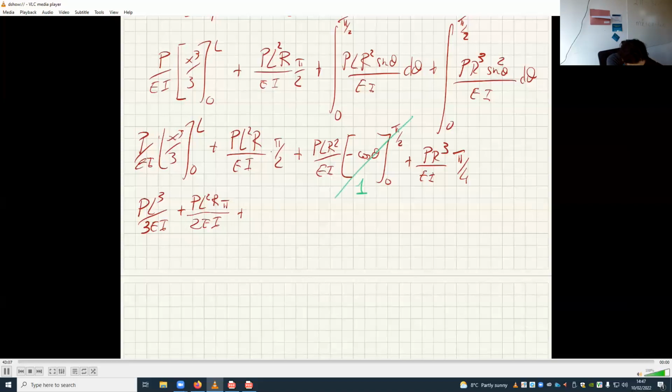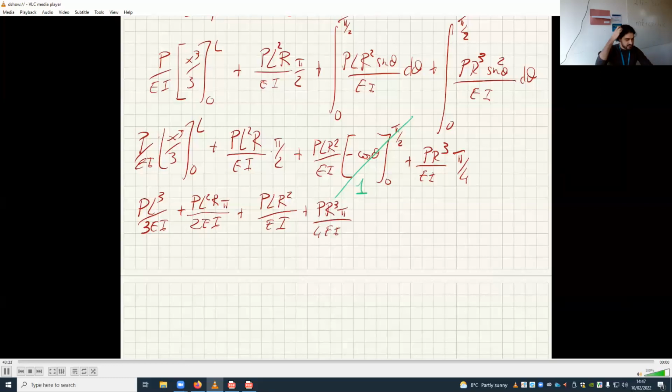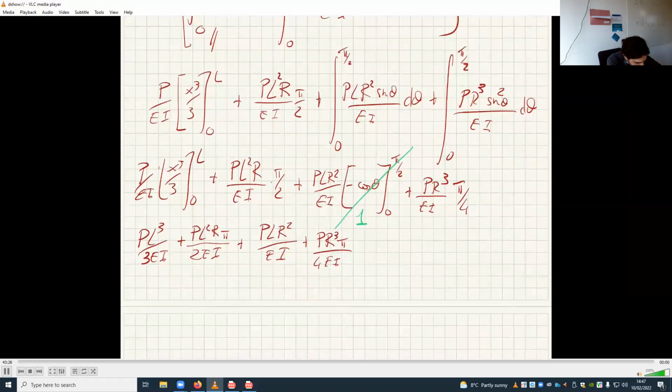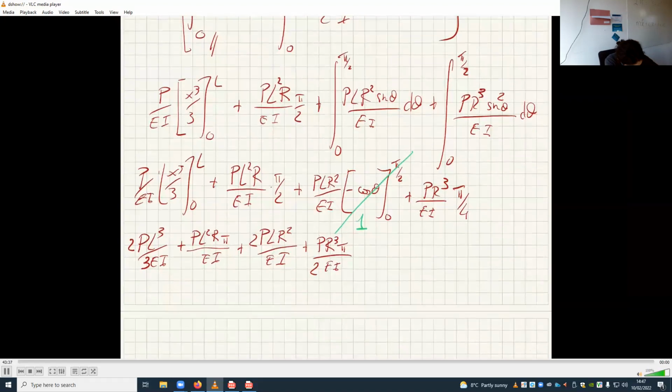And so we have PLR squared over EI plus PR cubed pi divided by 4EI. This is the total. No, this is already the half; I have to multiply it times 2. So this becomes 2/3, this gets the 2 away, this becomes times 2, and this becomes 2. This thing is delta.